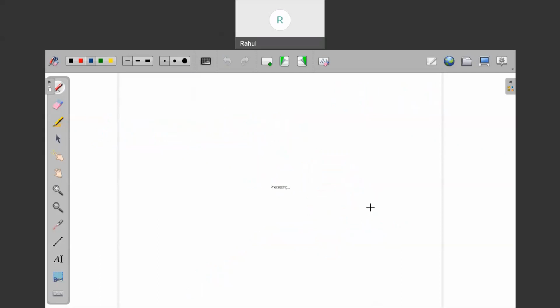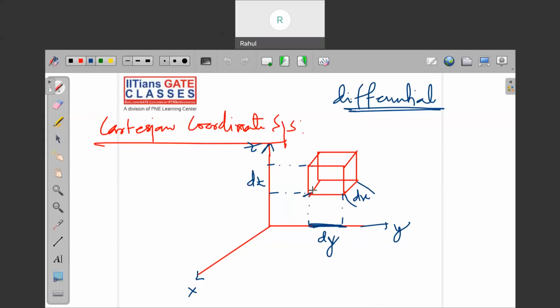So the differential length can be written as dl for the Cartesian coordinate system, because the length is also going to be a vector here, right? Suppose we want to go from this point to this point. So this is A and this is B, and we want to go from A to B, so we will have to go from A in the y direction, then we will have to go in the x direction, and then we will have to go in the z direction.